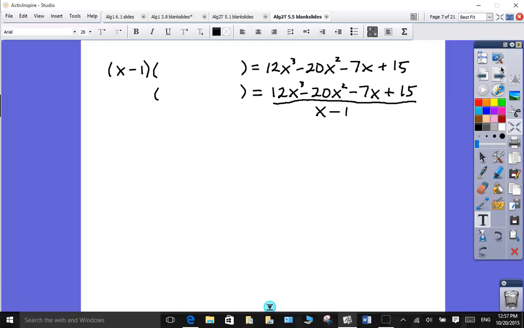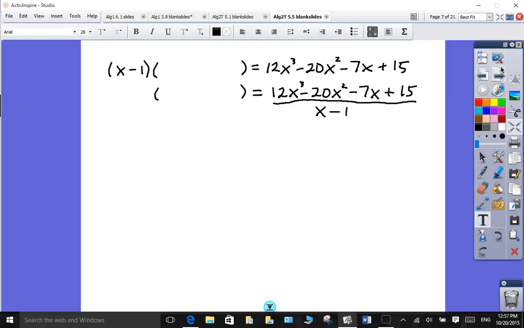So what I know is x minus 1 times some polynomial equals the polynomial that I'm trying to factor. I need to know, how can I figure out what goes in that set of parentheses? If I divide both sides by the x minus 1, what it's saying is, if I want to know what that polynomial is, I've got to divide the numerator, or the dividend, by the denominator, or the divisor.